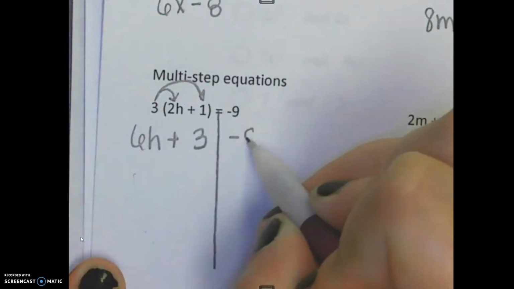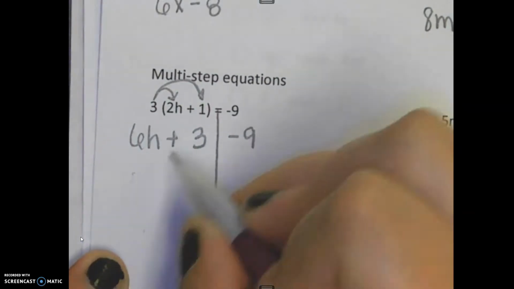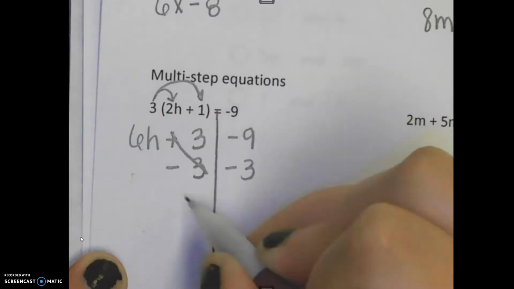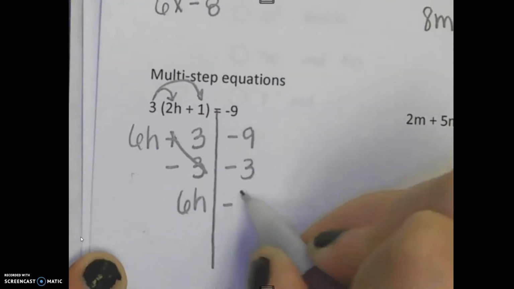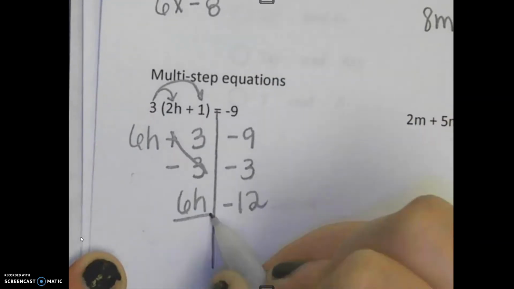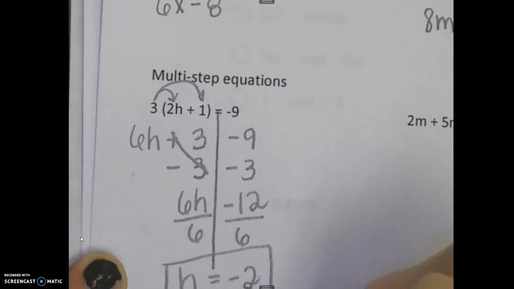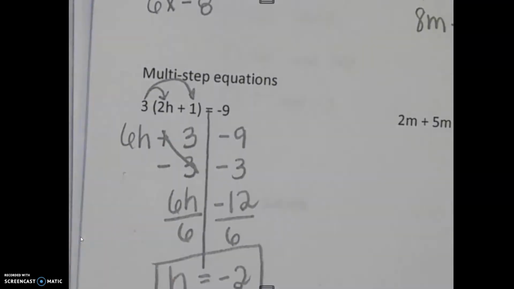Bring down my negative 9. Now it's just a two-step. Subtract 3 from both sides. Then we have 6h and negative 12. Divide both sides by 6. And h equals negative 2. That is a multi-step problem.